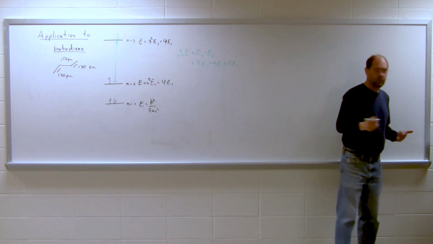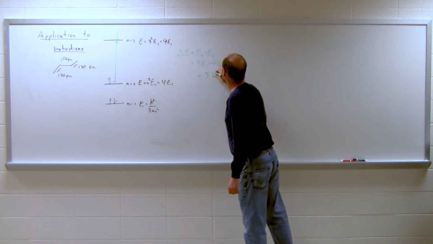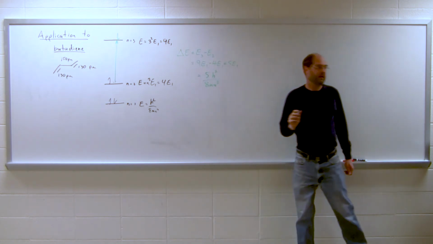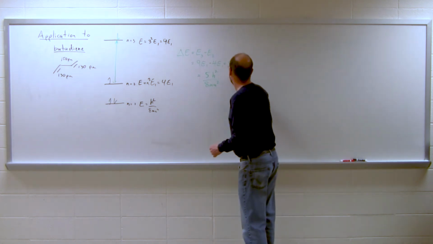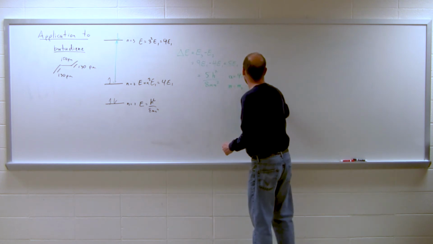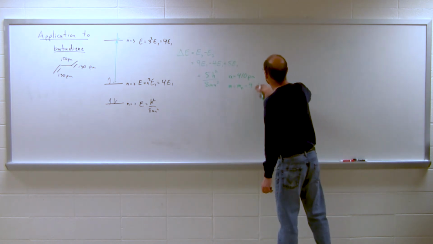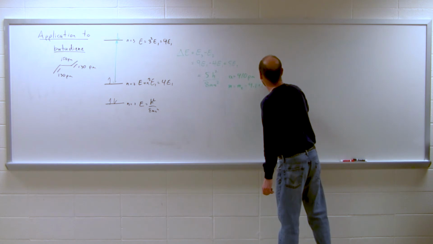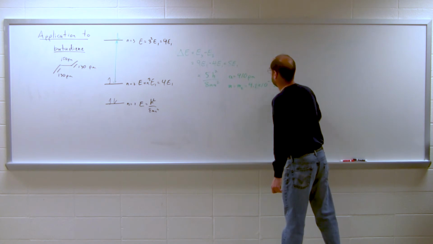It's equal to 5h squared over 8ma squared. Now, if I take this and put in my values, that a is equal to 410 picometers, that m is equal to m sub e, which is 9.31, if I remember right, let's see, 9.1 times 10 to the minus 31st kilograms.